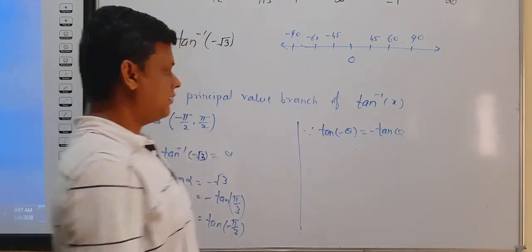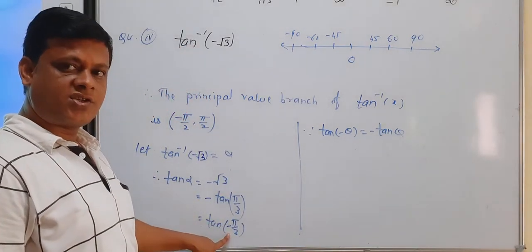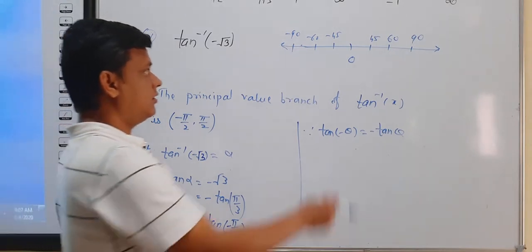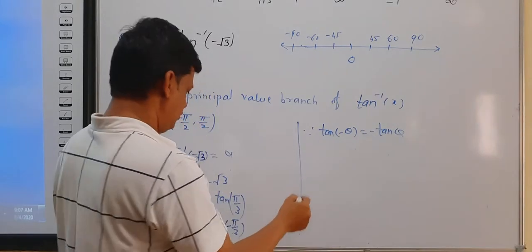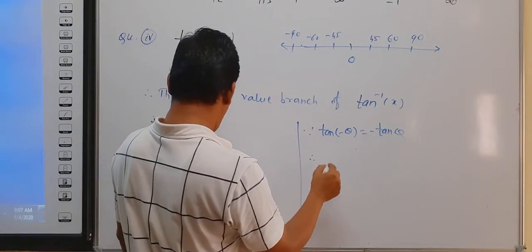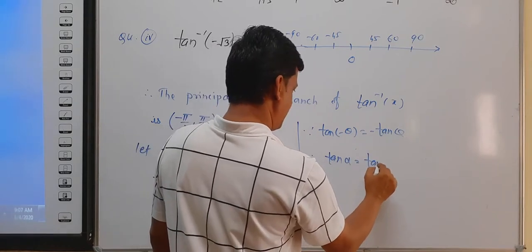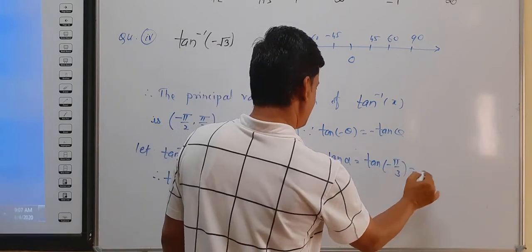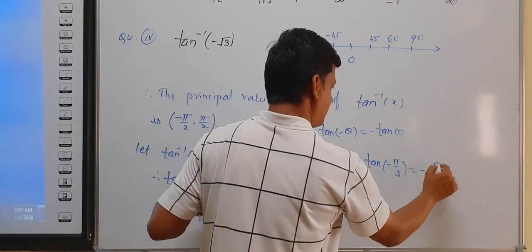So from this we conclude that this minus 60 belongs to this closed interval minus 90 to plus 90. So therefore tan alpha equals tan of minus pi by 3 equals minus root 3.